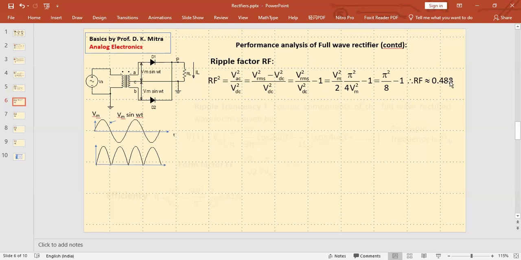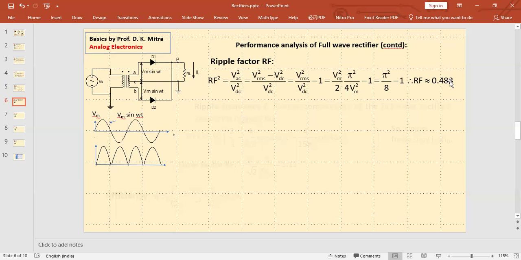0.483. Do you remember the ripple factor of the half-wave rectifier? It was 1.21. That means for 10 volt DC, you have to have 12.1 volt AC. It was very poor.